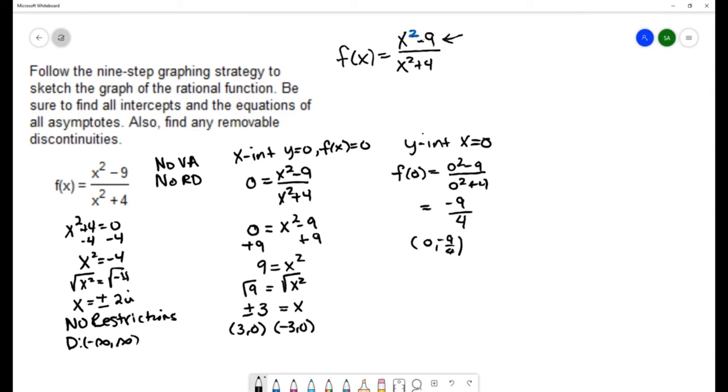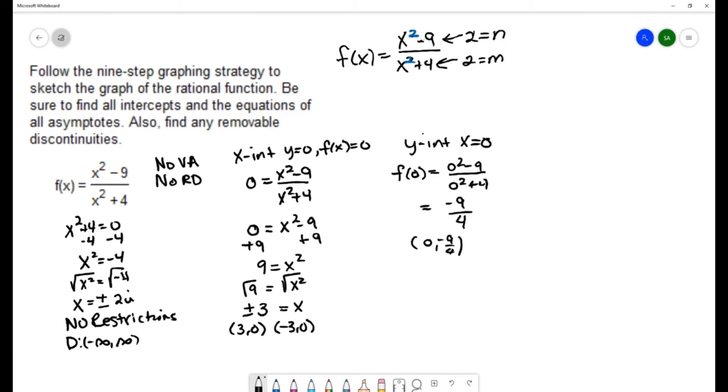That will be a 2, and we're going to call that n. So the degree of the numerator is n. And we want to know the degree of the denominator. That's the highest power on x, which is also a 2, and we're going to call that m.